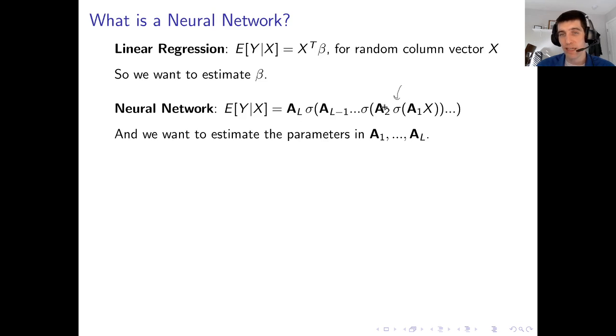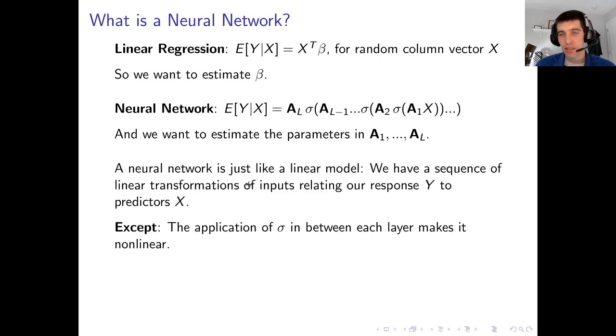But the fact that we have this activation function means that a neural network is nonlinear. So in linear regression, the name of the game is to estimate this beta; in a neural network, we want to estimate the values in these different matrices. So there's a lot more to estimate, and we have some nonlinearity.